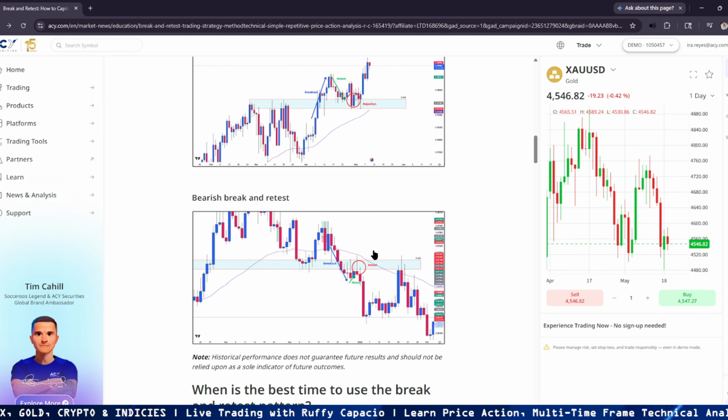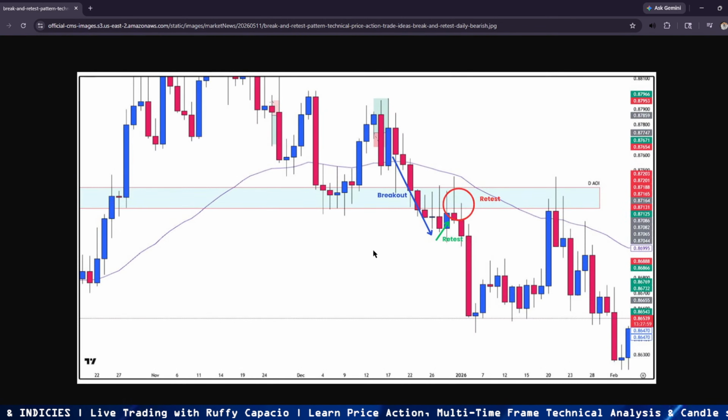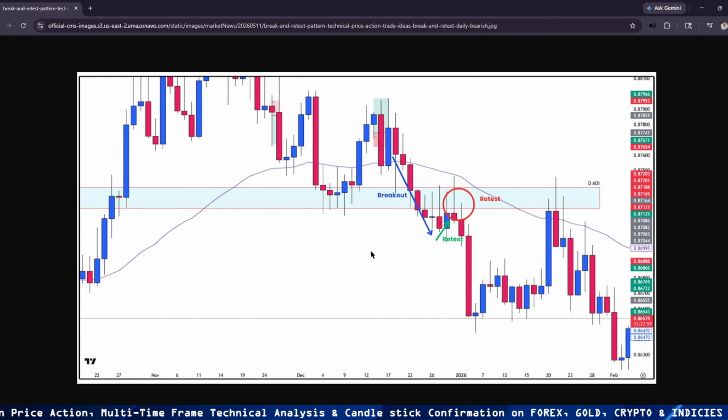Now, how does a bearish break and retest look? The same thing: once we are looking for selling opportunities, we will wait for a break and retest of a support so that it could act as a resistance, right? Because once the floor is broken, it could act as a ceiling, right?